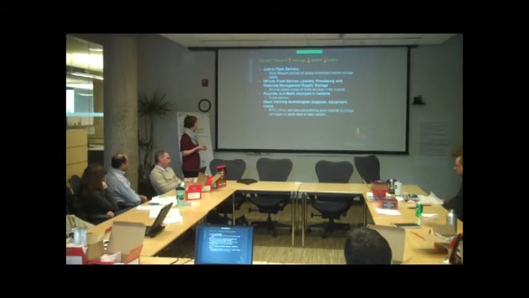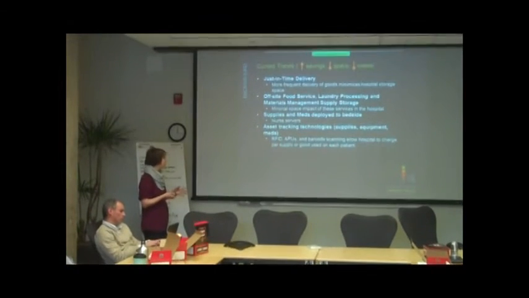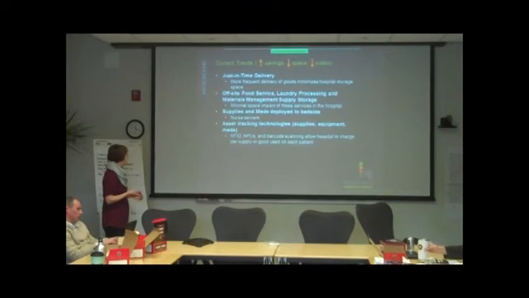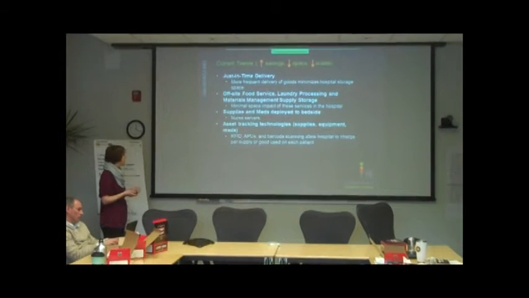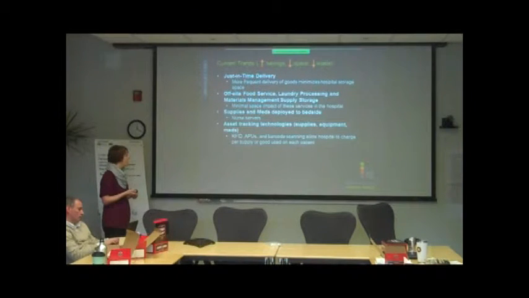Supplies and meds deployed to the bedside, again through nurse servers, and asset tracking technologies. So that is included with the APUs. We talked about the Omnicells and the Pyxis pieces, RFID tracking, and barcode scanning. And again, that allows real-time information for the hospital to charge per supplier good use of information.